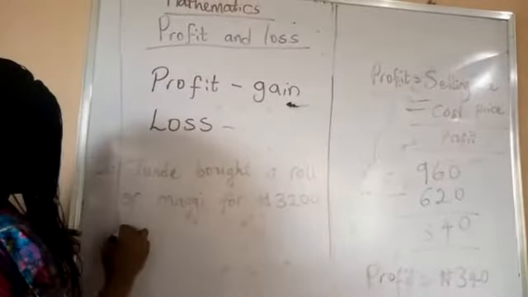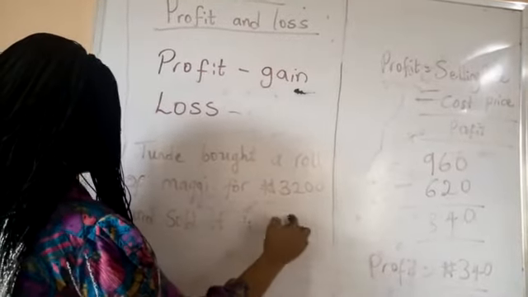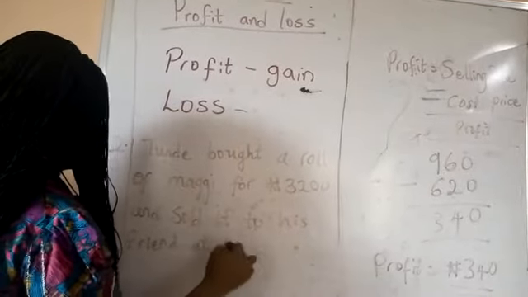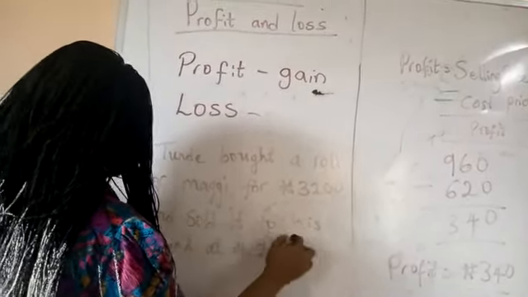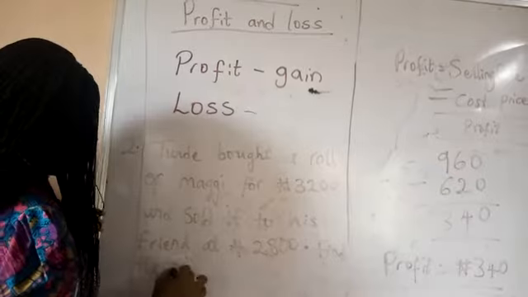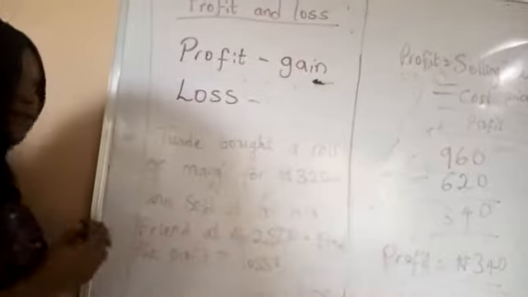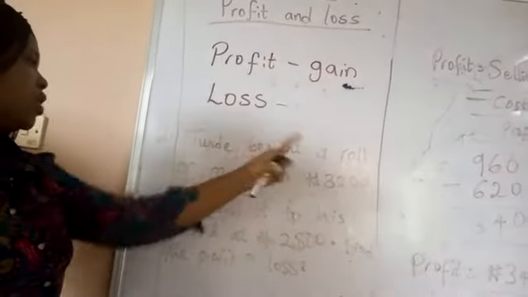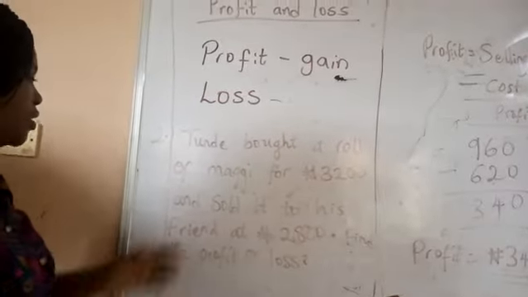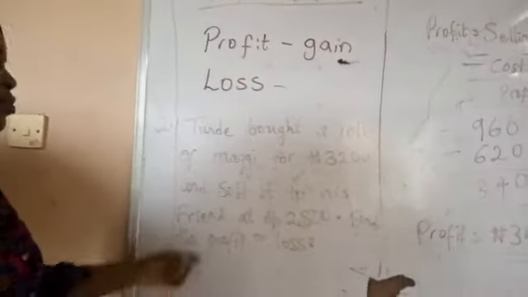Tunde bought a roll of Maggi for 3,200 naira and sold it to his friend at 2,800 naira. Find the profit or loss.